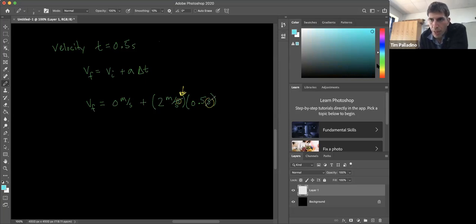What you're left with is v final equals 0 plus 2 times 0.5, which is the number 1. 2 times 1/2 is 1, and the units will be 1 meter per second. That's it, not meters per second squared, but just meters per second. And that's the velocity you're looking for after half of a second.